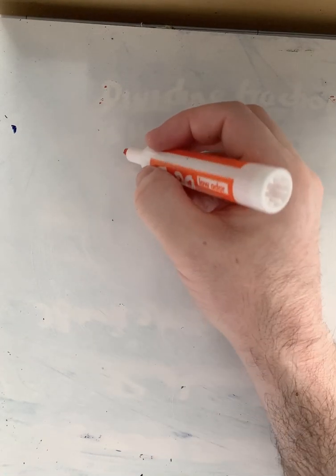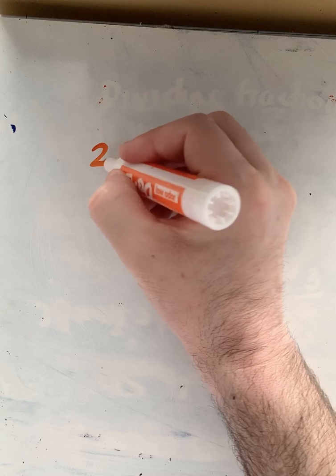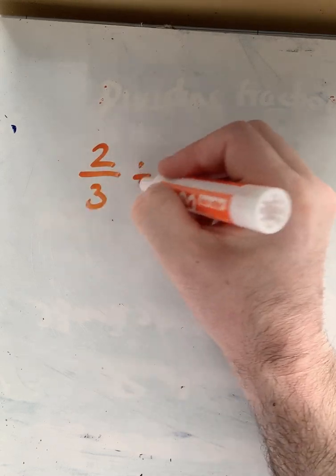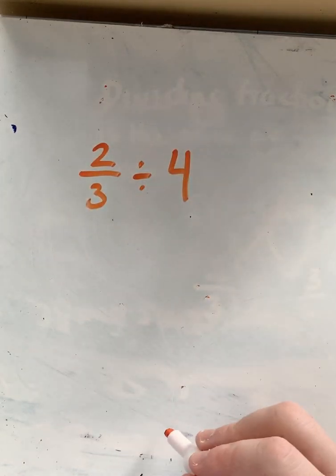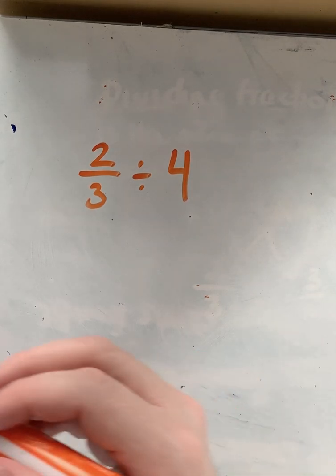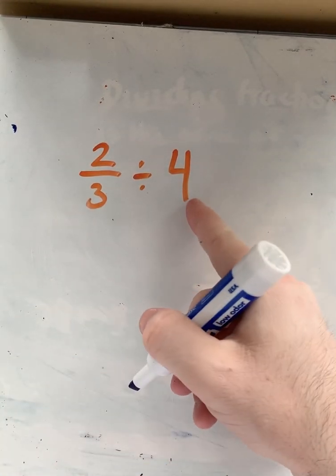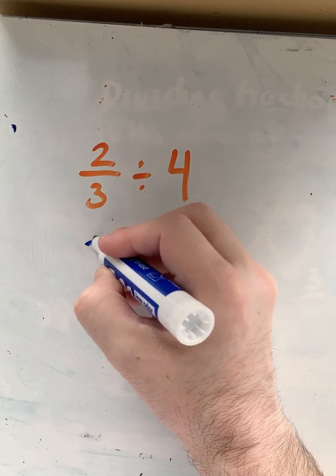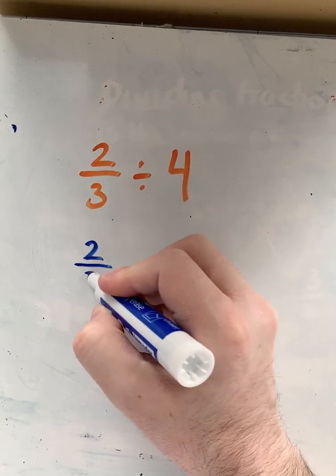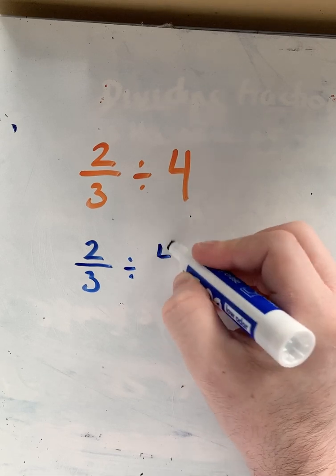So if I said that, for example, I wanted to know what 2/3 divided by 4 is. Okay. First thing I need to do is rewrite my fraction. Just because 4 is a whole number, I want to turn it into an improper fraction. So I'm going to write 2/3 divided by 4/1.